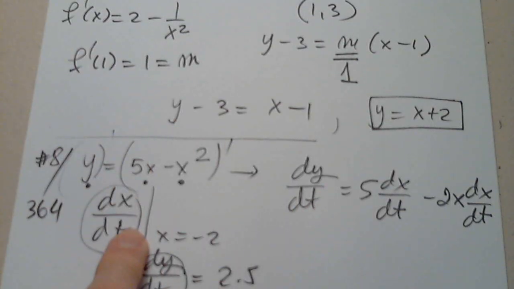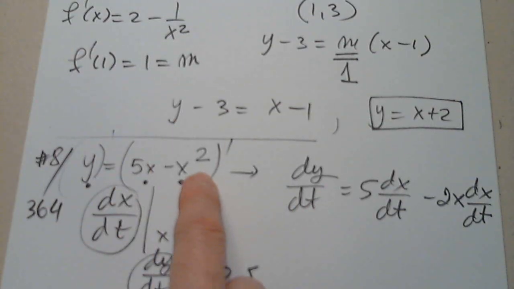I bring down 2, I subtract 1 from the power, times the inner function prime. Those are the key words, times the inner function prime.